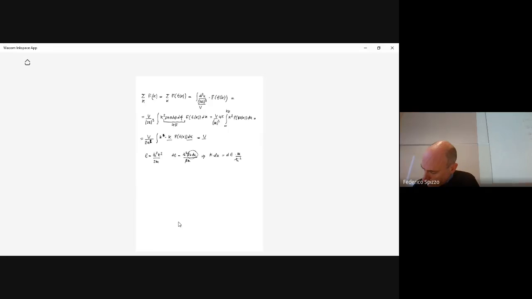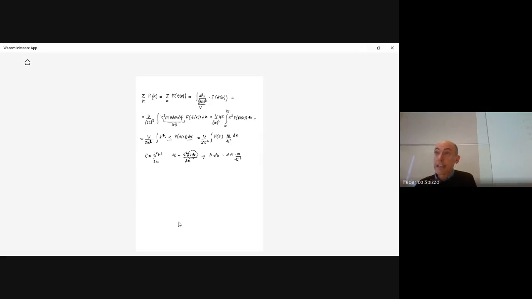So this is equal to volume divided by 2 pi to the power of 2 integral. f is now f of E, because I assume that f depends on k only through the energy. Then I have k dk, that is m divided by h bar squared times dE.